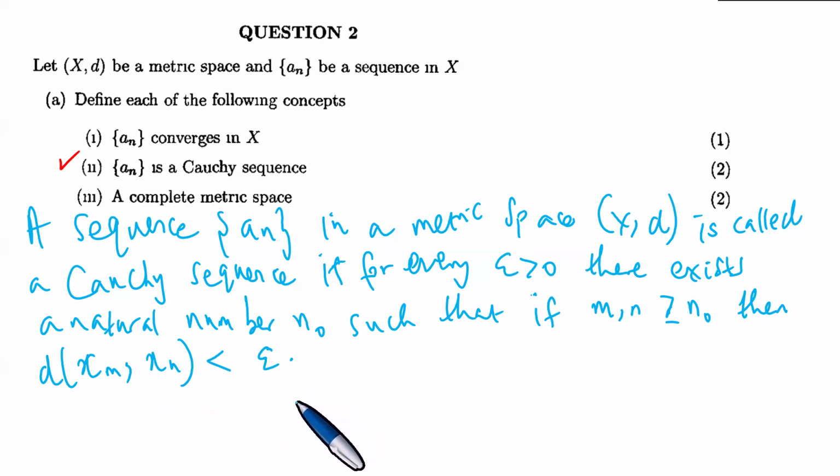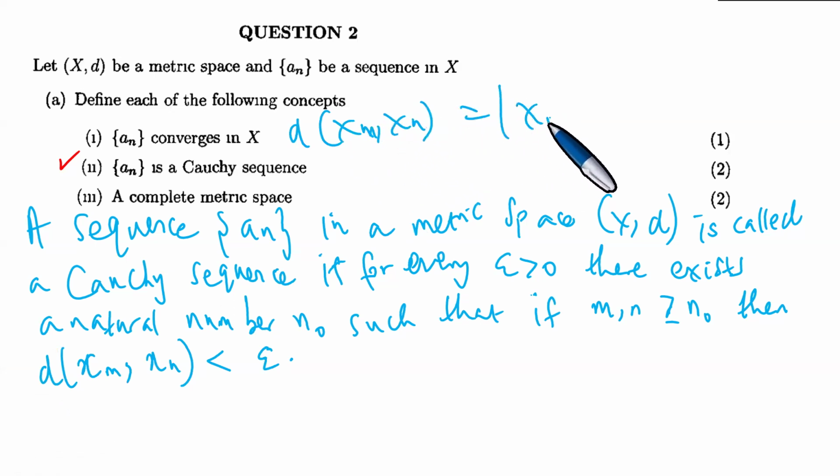And therefore, this sequence is called a Cauchy sequence. So it can be stated in many ways. In terms of the usual metric, you can say the distance between xm and xn, but obviously this is not just the usual metric. There are many metrics we study. There are many distance functions. But you can then say, for instance, the distance between xm and xn is the absolute value of xm minus xn, and therefore this distance is less than epsilon.